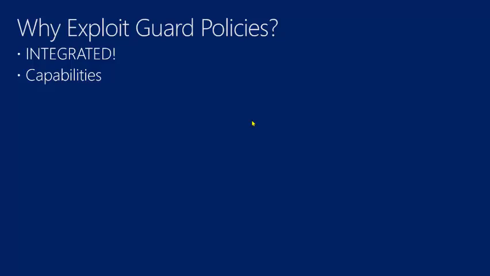Now, yes, that was exactly out of our documentation, but that is a really good reason why to use Exploit Guard, and why to use Config Manager to configure Exploit Guard policies.